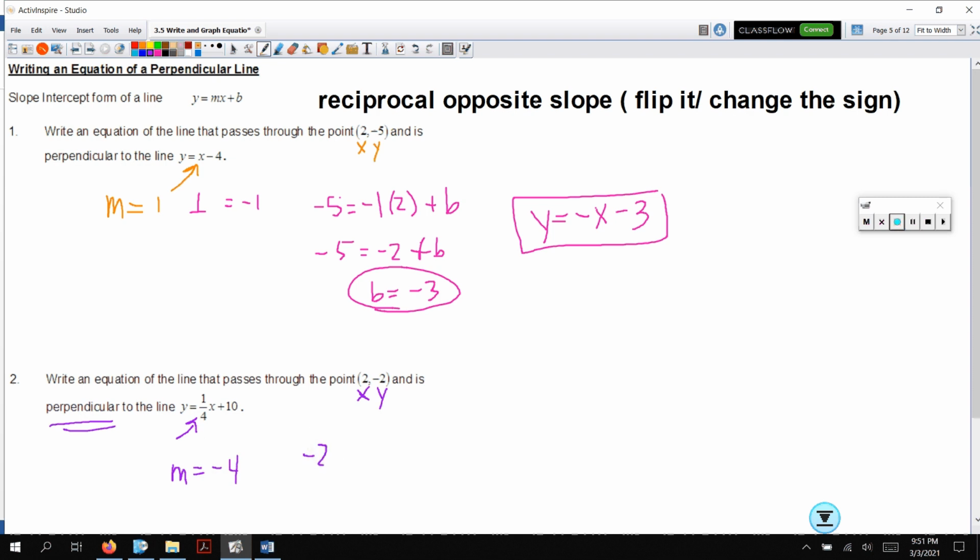I get -2 equals -4 times 2 plus b. -2 equals -8 plus b. Add 8 to both sides, and b equals 6. Got my m, I got my b, I'm ready to go. Y equals -4x plus 6.